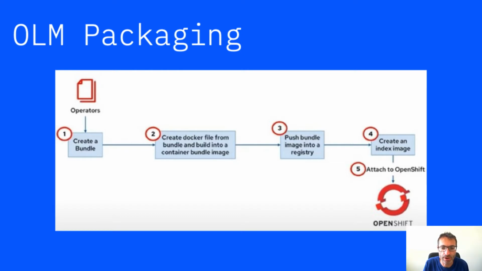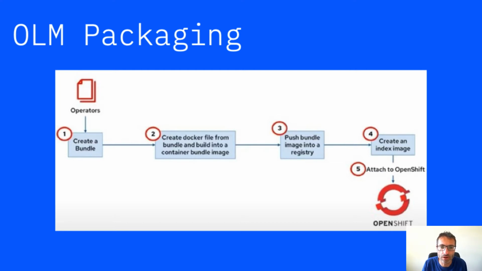Also, every operator will define what are called custom resource definitions. So these CRDs are essentially extensions to the standard Kubernetes resources that you might be familiar with, for example, pods or stateful sets. Once you have this bundle of files, then you use again some tools to create a container image containing essentially just those files and put that bundle image into a container registry.